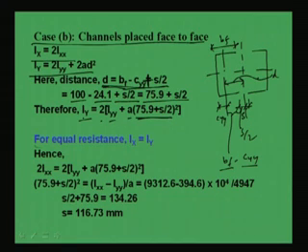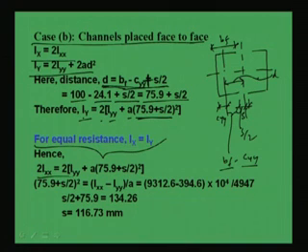With the same concept, to get equal resistance from both directions, if we make Ix equal to Iy, we can find out the value of S. That means 75.9 plus S by 2 whole square is equal to Ix minus Iy by A. Ix is 9312.6 and Iy is 394.6, and A is 4947 millimeter square, right.